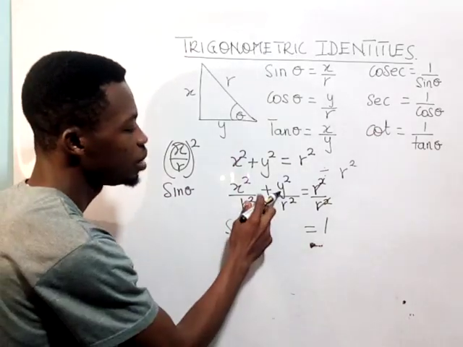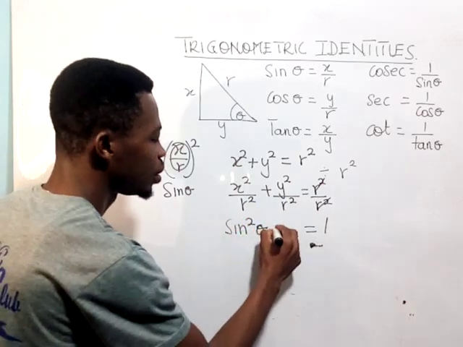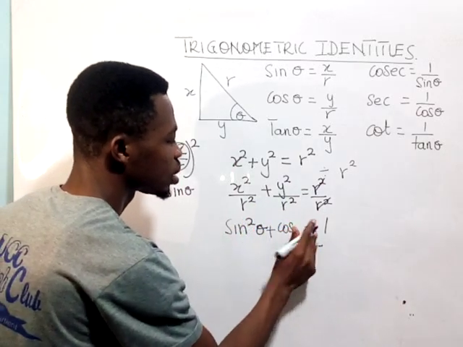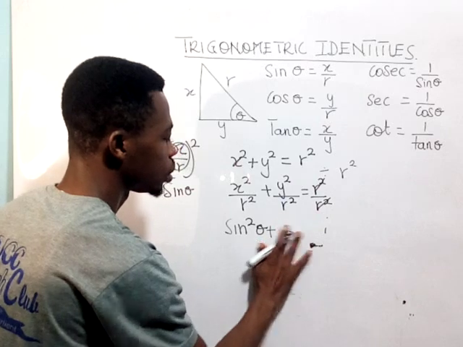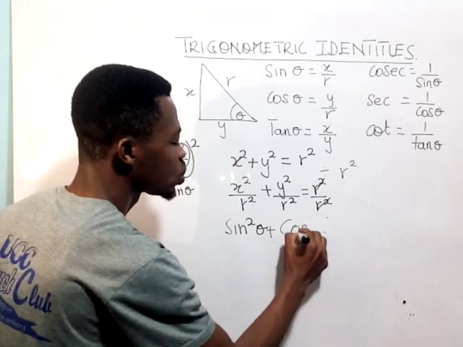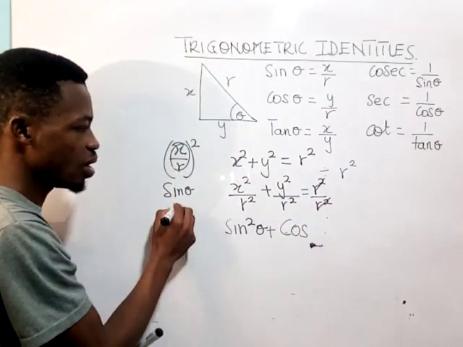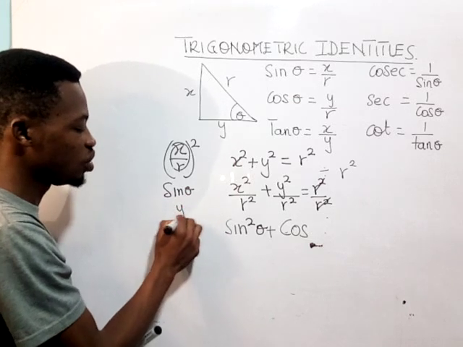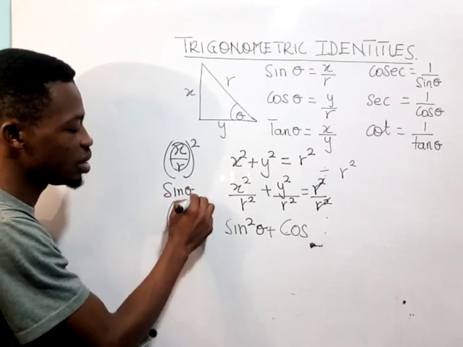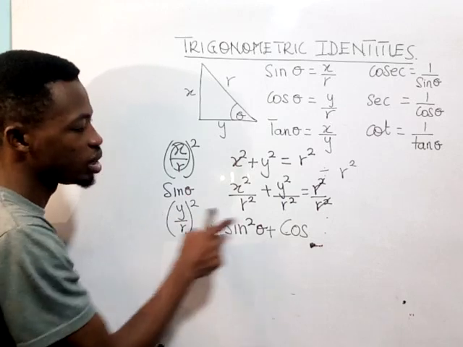Now, when we come to this end, y on r is cos. From what we did here, y squared over r squared can be written as y on r all to the power 2, where y on r is cos.